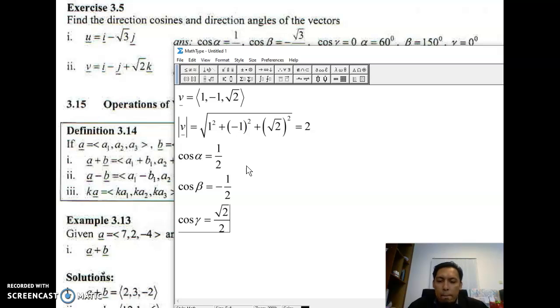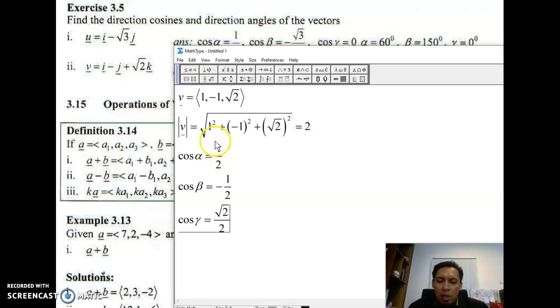Okay, so before we do the calculation, let's try to just estimate a bit what will be the degree. So for this one, the x is positive, so we expect the degree to be within 90 degree. Because the degree will be calculated from the positive axis, right?